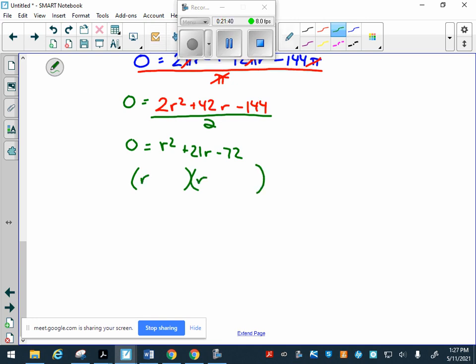If the first term is just r squared, we're going to do r and r as our first terms. Now multiply to be 72 and add to be 21.